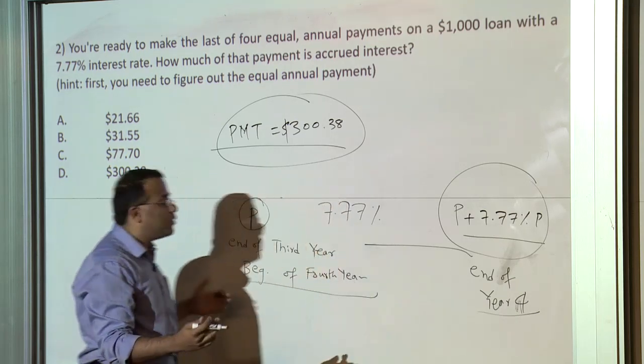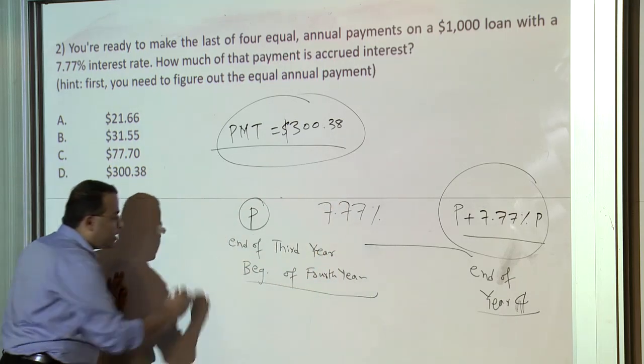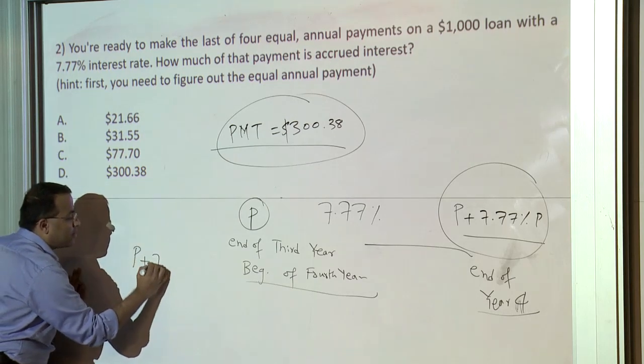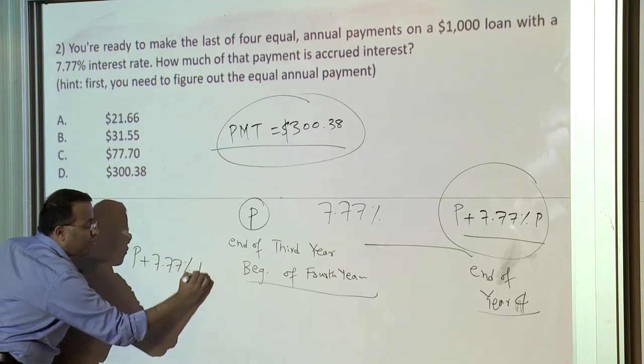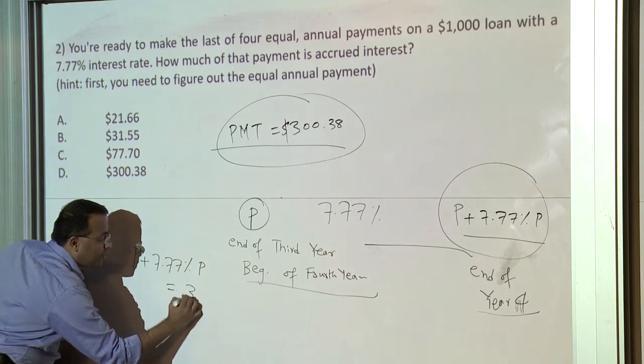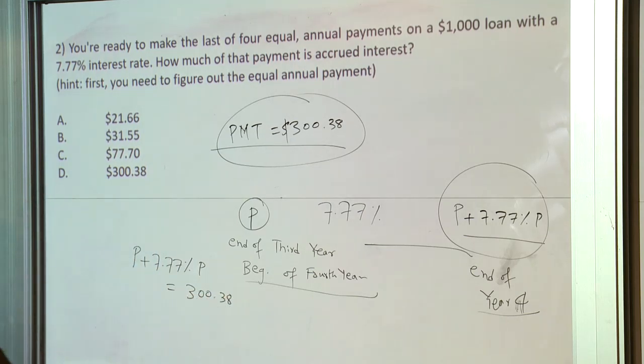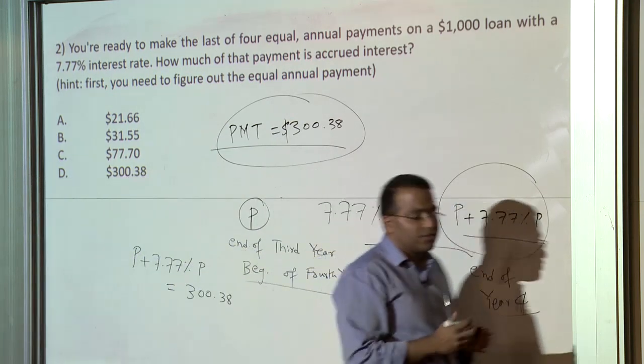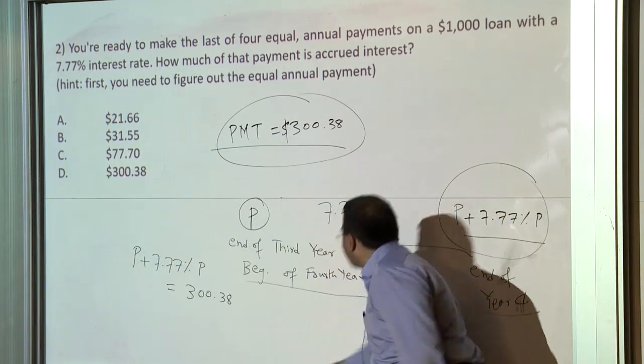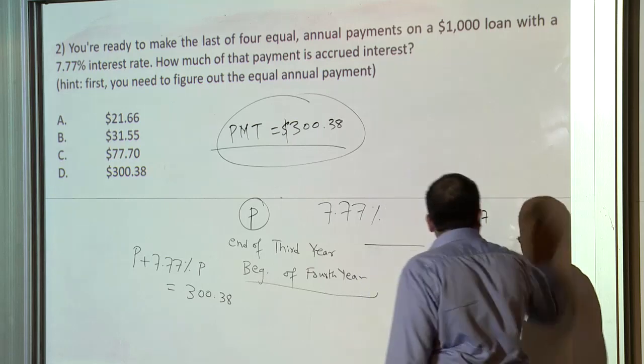So here you have an equation. You have an equation which says that P plus 7.77% of P is equal to 300.38. Okay? And you can go ahead and try and solve this. Let me just put my solutions on here.